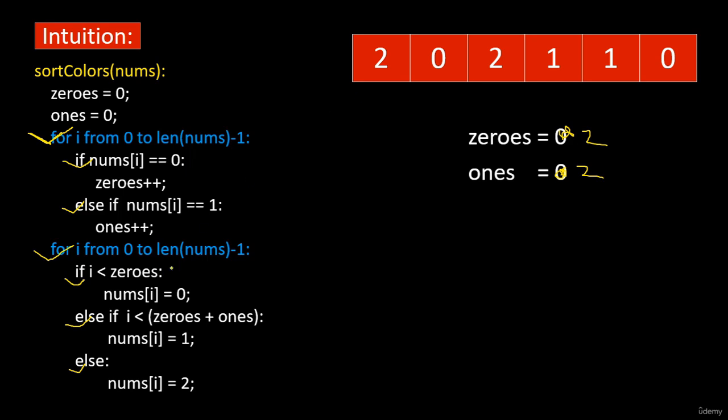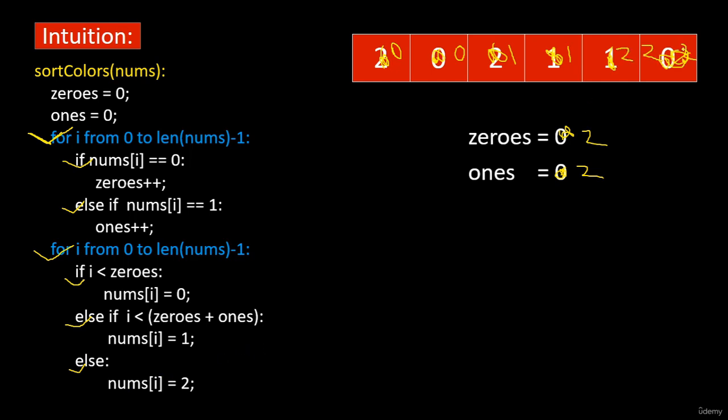We see 0 is less than 2, so let's update the value at the first index with 0, then the value at the second index, that means at index 1, with 0. Then in the next iteration, we'll update this value with 1, then this value also with 1. This value is already 1, but we'll update it. Then for the rest, we'll update this value with 2 using this statement nums[i] equals 2.